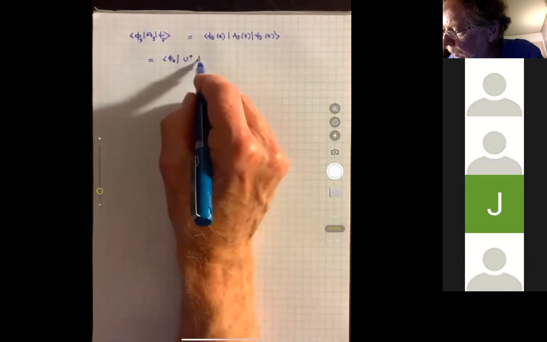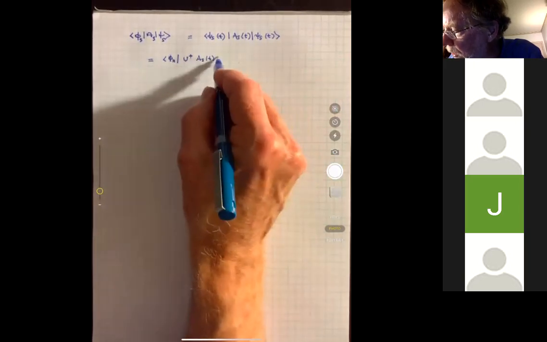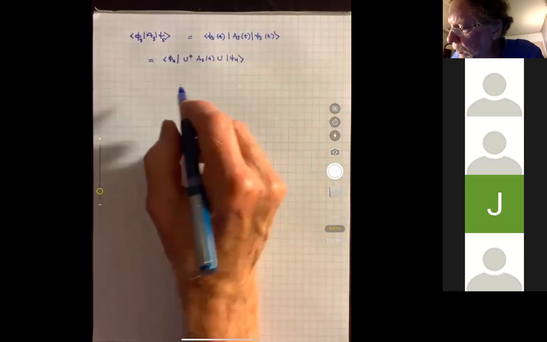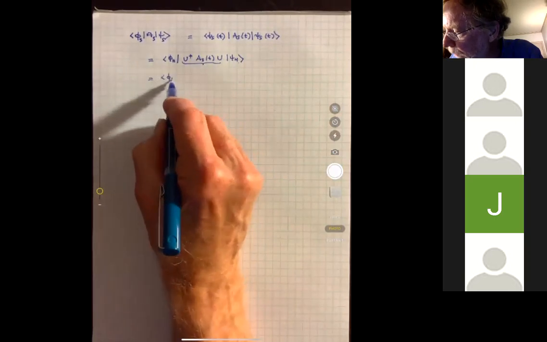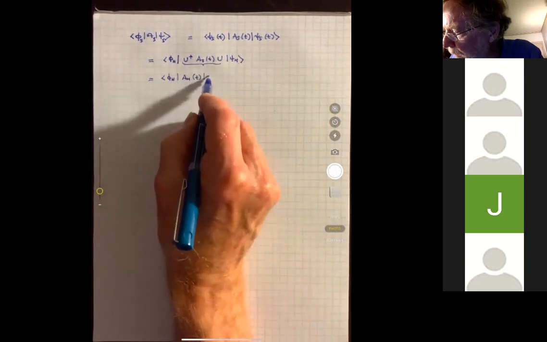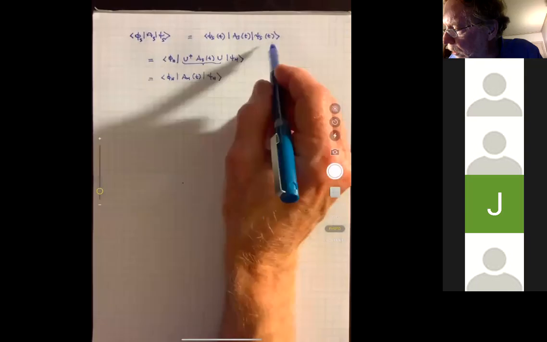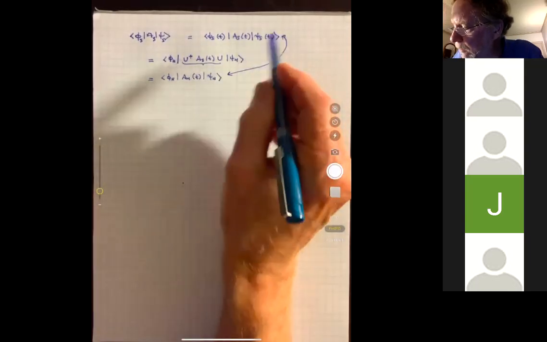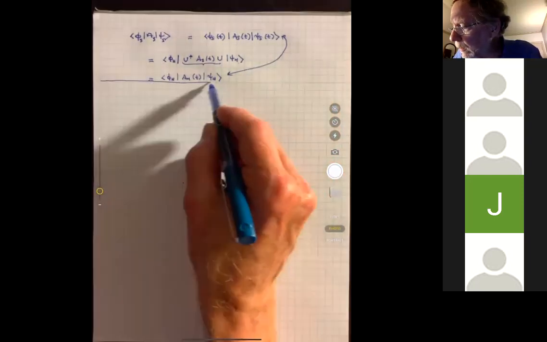The A Schrodinger I'll keep the same, a function of time. And then psi Schrodinger is the same as U times the Heisenberg state. If we do this, you see the appearance of the Heisenberg operator in the middle. So we get phi Heisenberg sandwiched around A Heisenberg, which is a function of time, and psi Heisenberg. The statement here is that the Schrodinger expectation value and the Heisenberg expectation values are the same. There's no difference between the two.